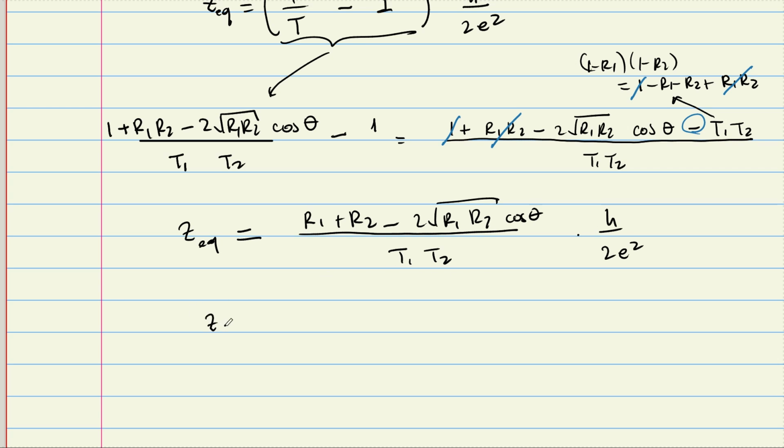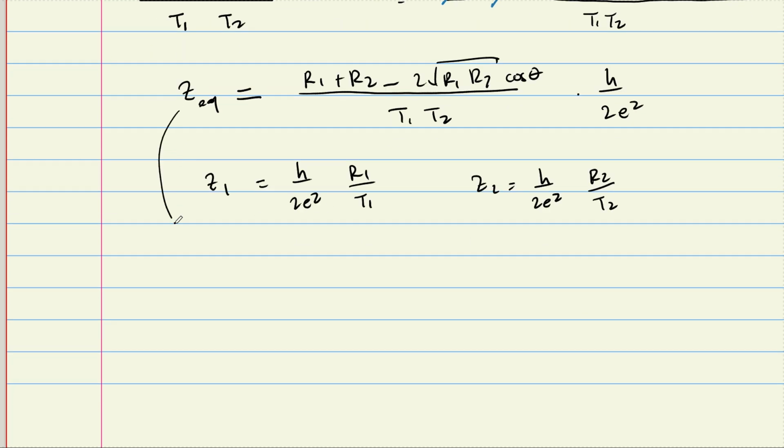If we had only one impurity, Z1 would have been h over 2e squared times R1 over T1, and if we had only the other one, Z2 would have been h over 2e squared times R2 over T2. But what we see from this formula is Zeq is not equal to Z1 plus Z2.